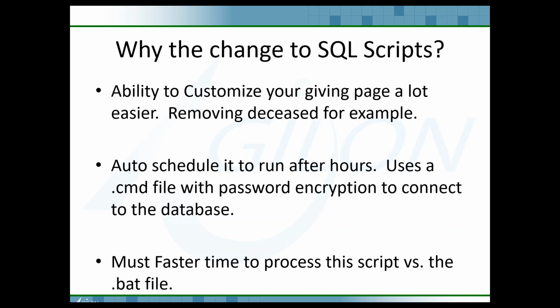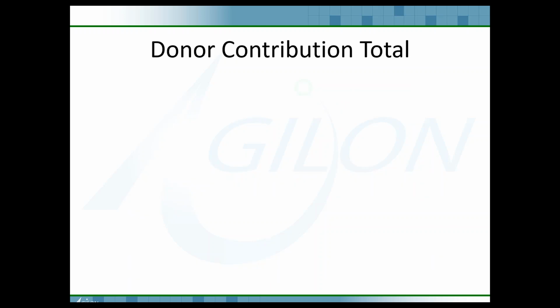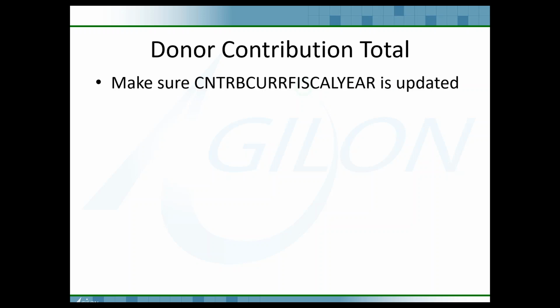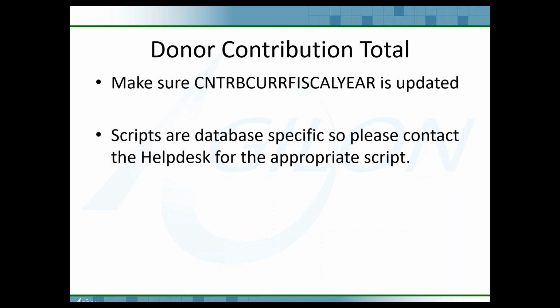So okay, let's talk about the new process. We're still going to change that control info record. Want to make sure that's updated for the next fiscal year. And then the scripts are database specific.